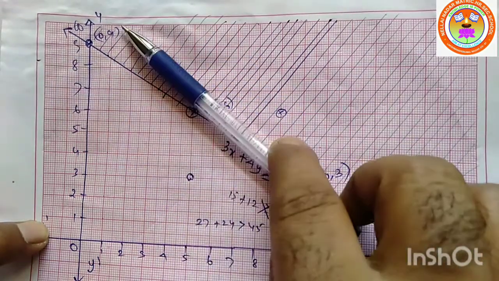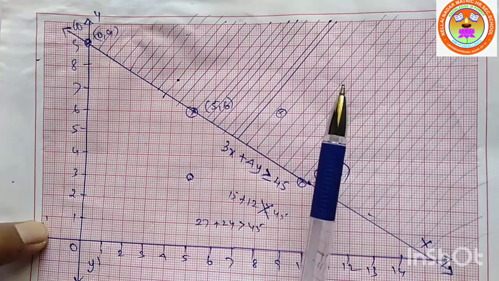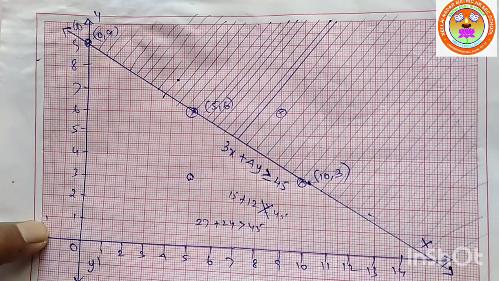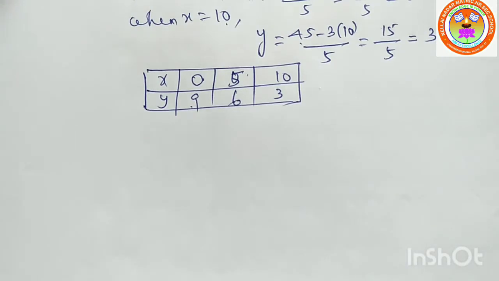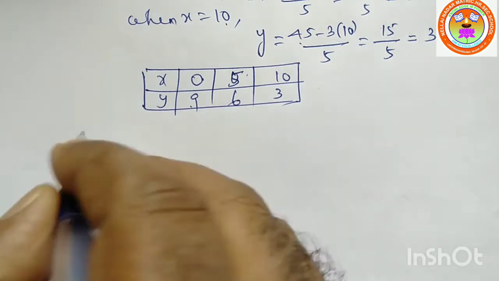So all three conditions are satisfied only in the shaded region. Okay? Therefore, the conclusion is the shaded region represents the given three inequalities. Okay? Or we can write the region above this line represents the required region. Okay?